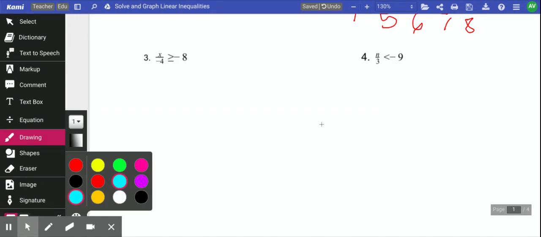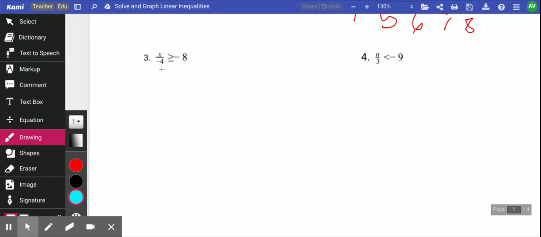Okay, next up we have this one. X divided by negative 4 is greater than or equal to negative 8. So to solve this, I'm going to multiply both sides of my equation by negative 4. And again, the reason for that is the opposite of division is multiplication. So since the original inequality had x being divided by negative 4, to undo that, I multiply by negative 4.